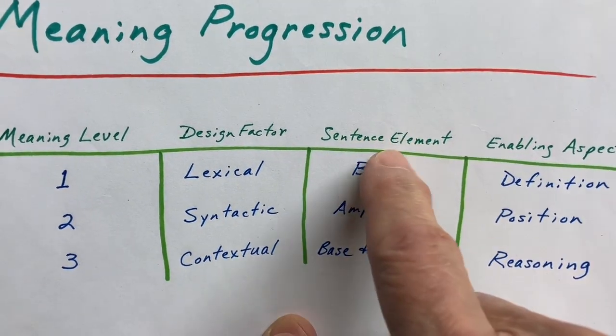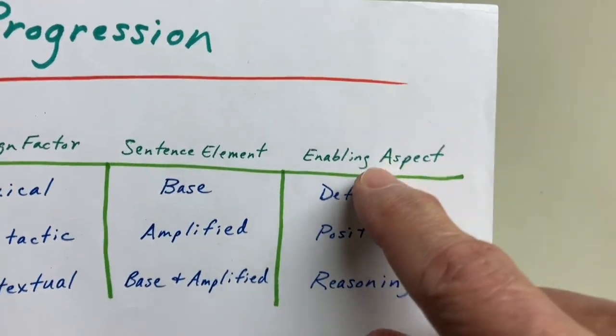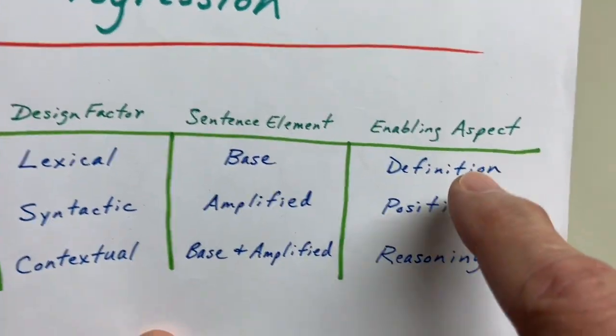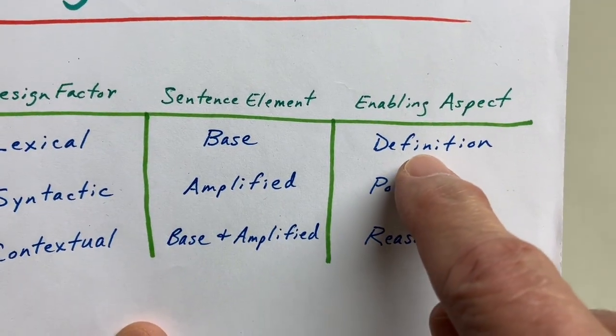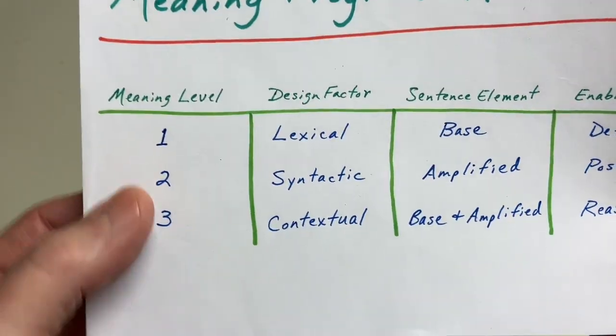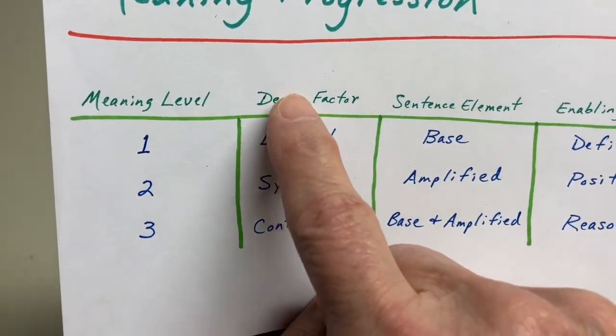In other words, your sentence elements are base. They're just words. The enabling aspect of this level number 1 is the fact that each word has a definition.